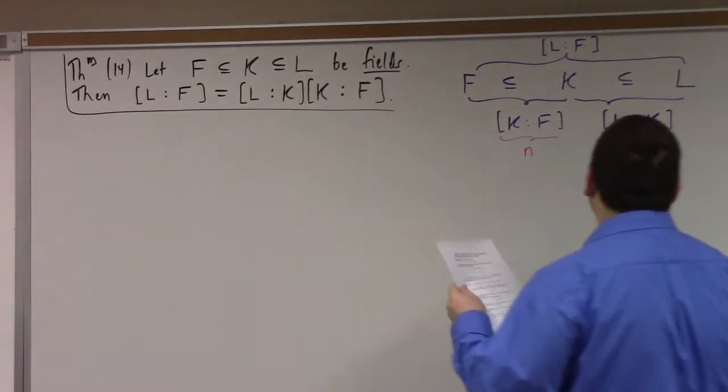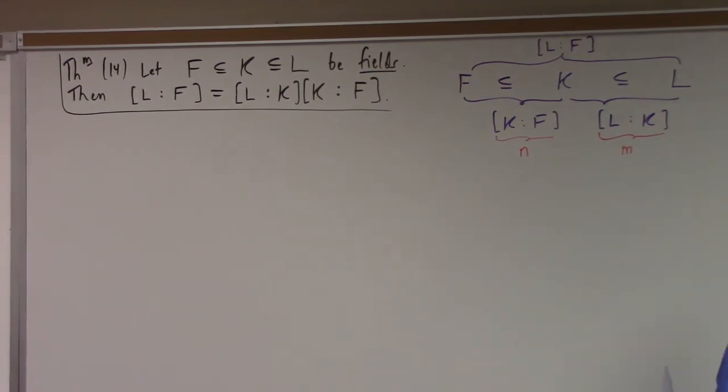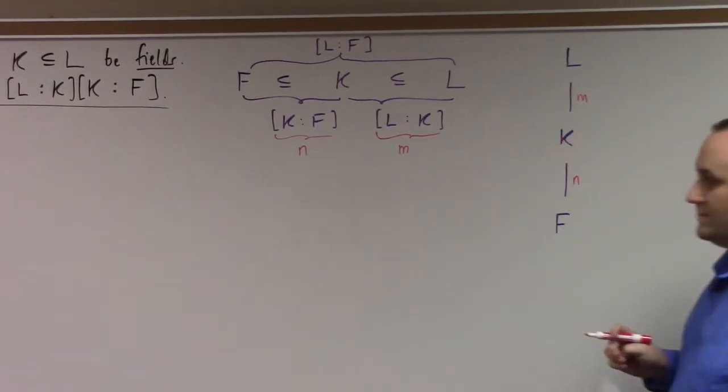There we go. So if you have this tower of fields, sometimes we put numbers on the lines connecting the field and the subfield, and those indicate the dimension of the extension over the base as a vector space. So like, I'd put an M here, and I'd put an N here like that. Okay?